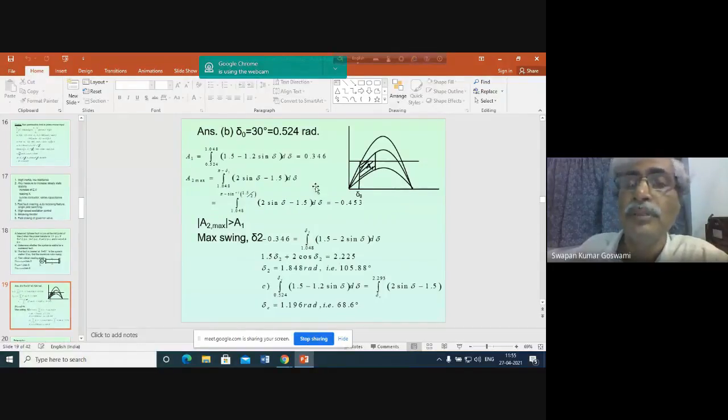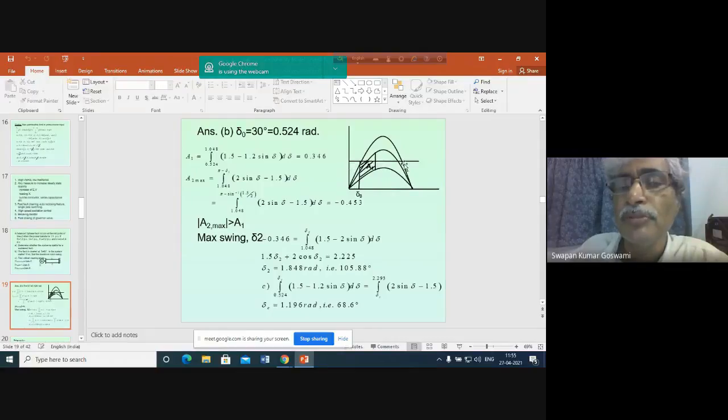Okay. So now this is the operating point delta 0, and the fault occurs: suddenly a three-phase short circuit occurs, then this becomes the power angle curve, the output power line. Input power is here, output power follows this curve. So you see that input power is always greater than the output power line. Can you follow?